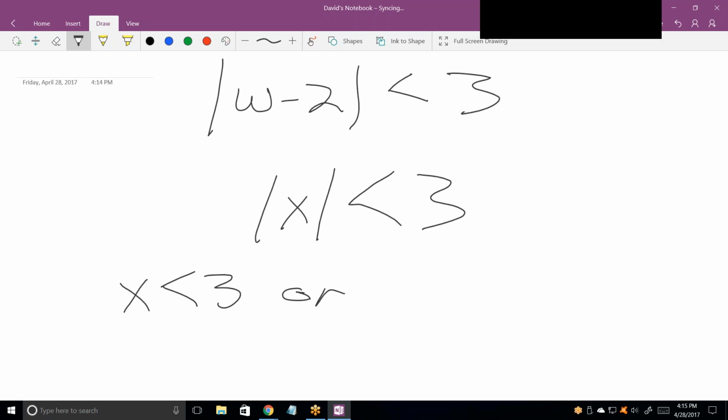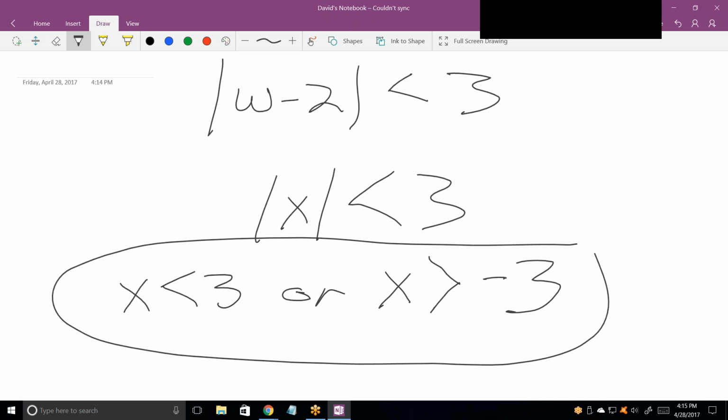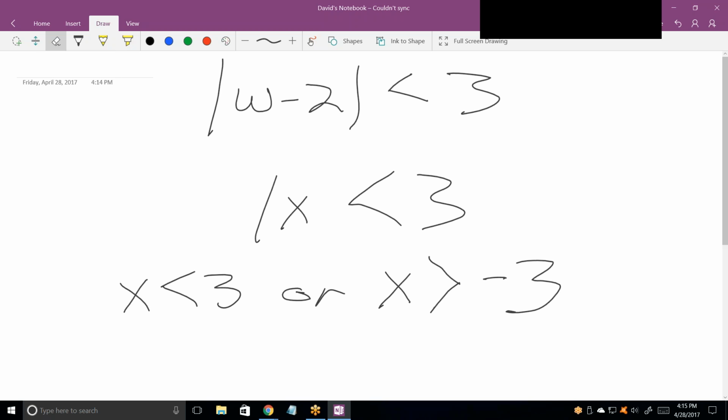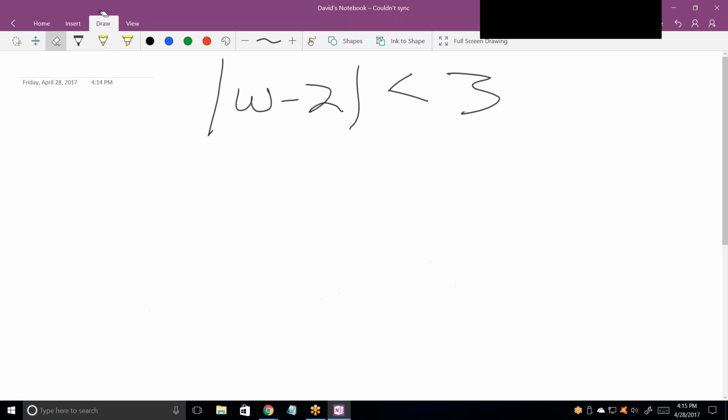X is less than negative 3. Well, you got to change both the direction and the sign. Oh. So that's always what it means. In other words, when you have absolute value and an inequality sign, it means these two things. Okay? So in our case, what does this mean?